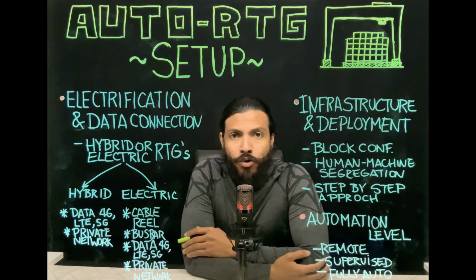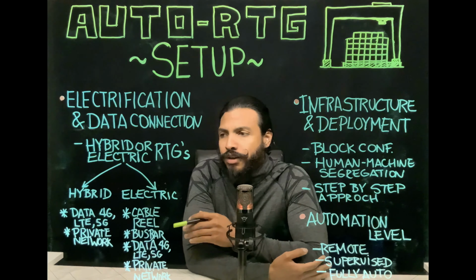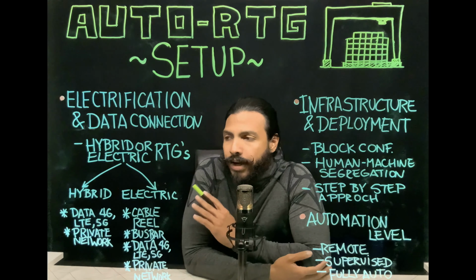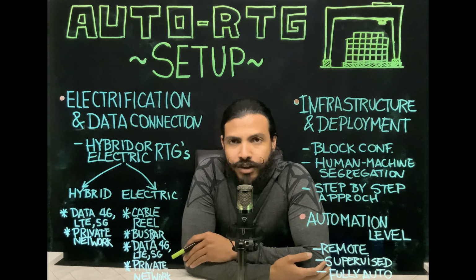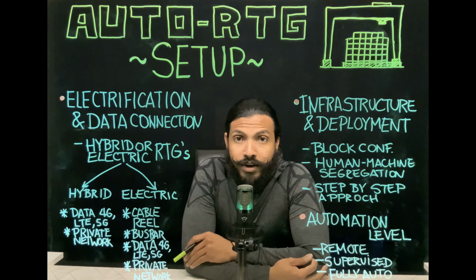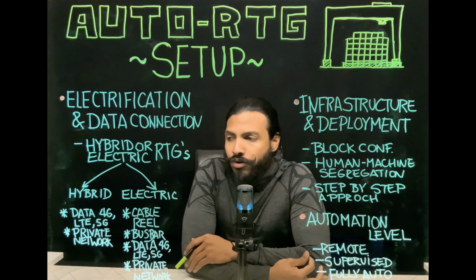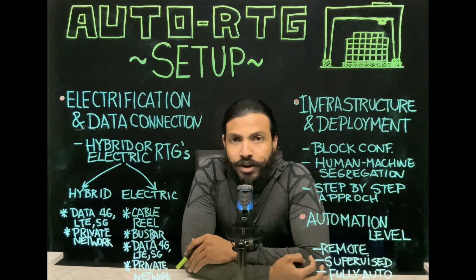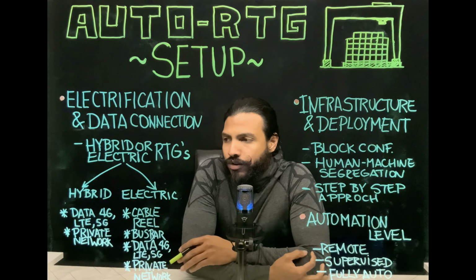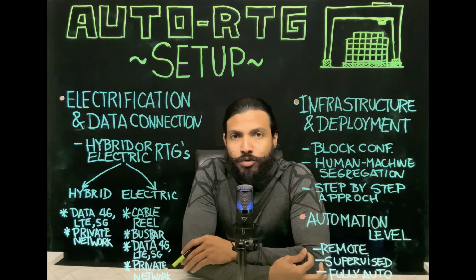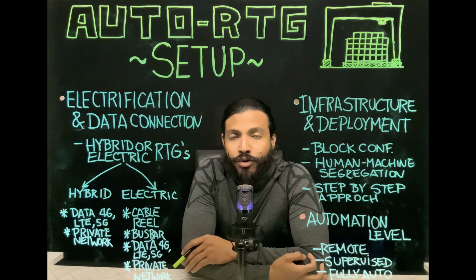So you've got two roads over here. As you may see, if you have, for example, a diesel RTG, you can choose as a power source the hybrid and then automate. If that's your way, you should consider first how this will impact your layout. Two, you should consider how you will be transferring data for your future automation.